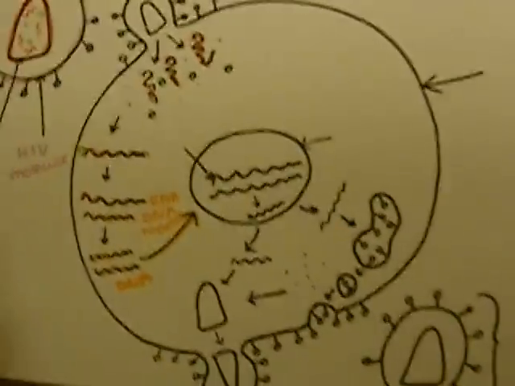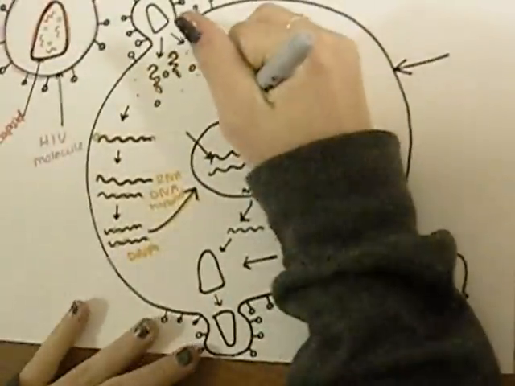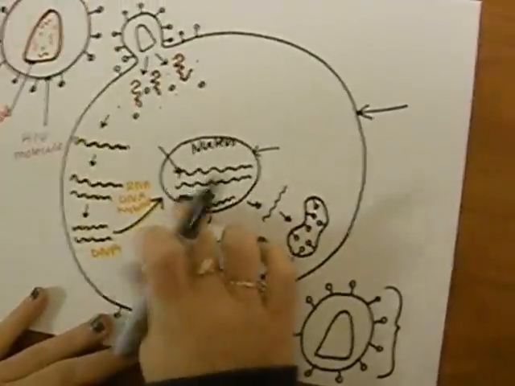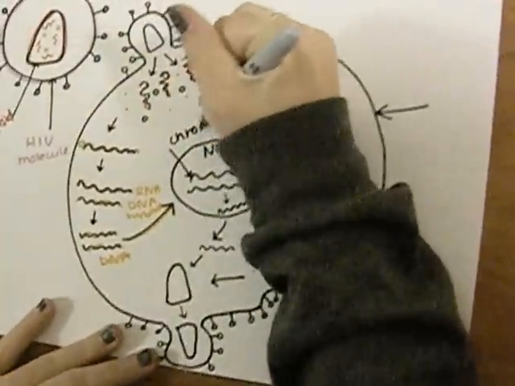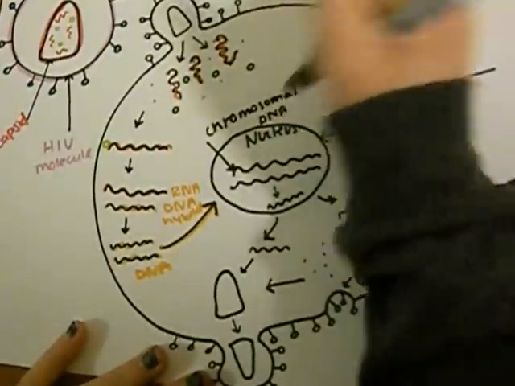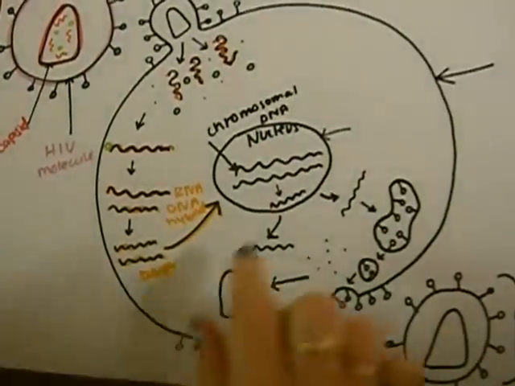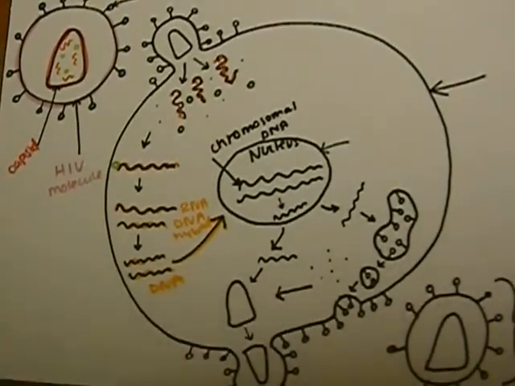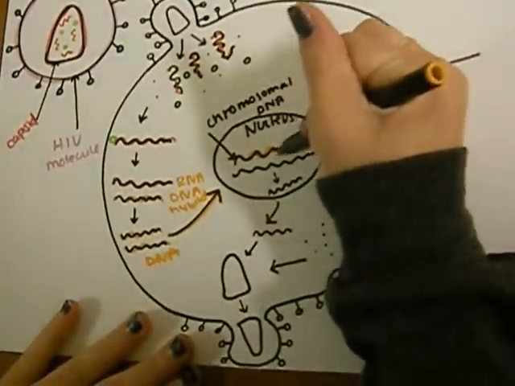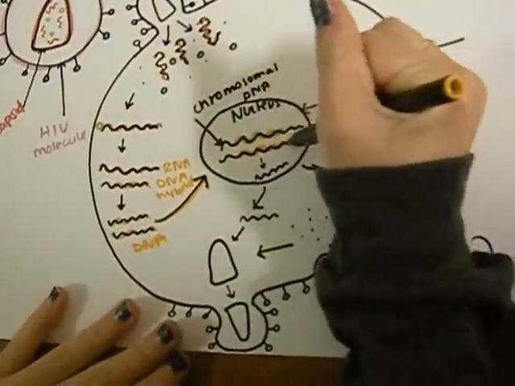Okay, we are now in the nucleus. And these two strands we have right here are the chromosomal DNA within the host cell. And what happens is the DNA embeds itself onto the chromosomal DNA, like so.